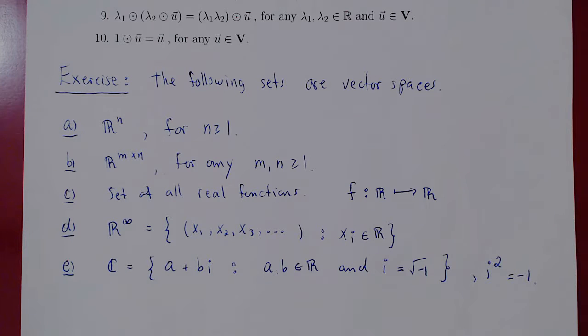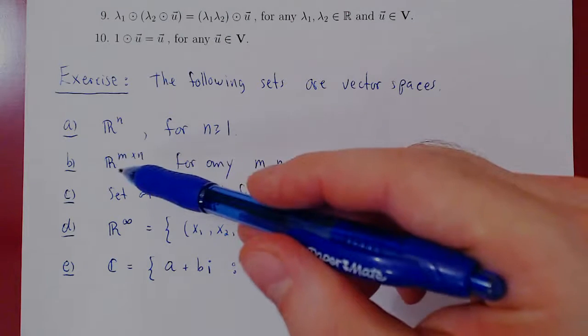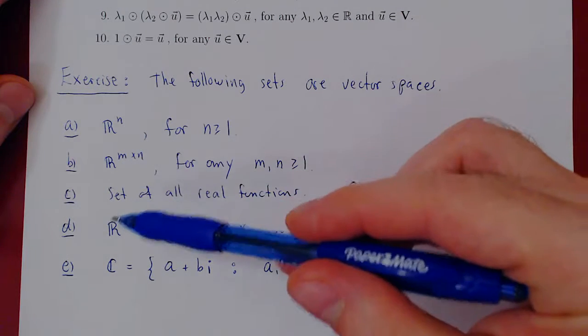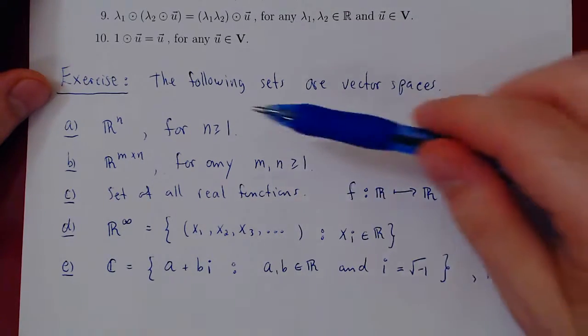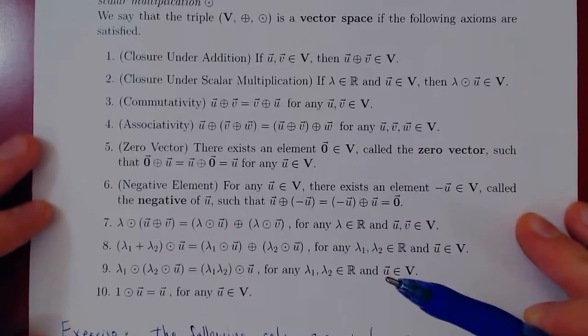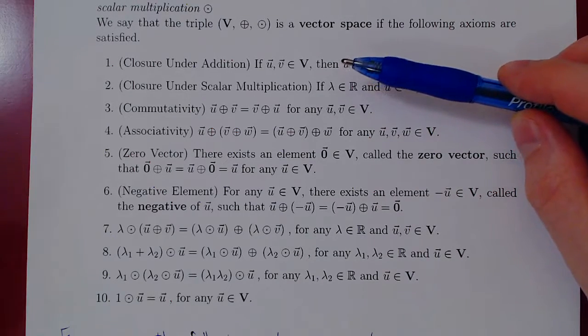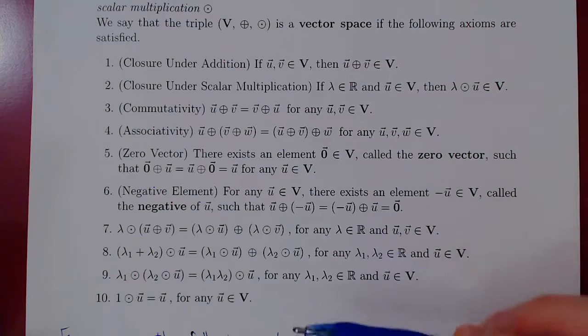Okay, and now the question is, once we have agreed that these are actually vector spaces, can we, for a lot of other sets, avoid having to check these 10 axioms? Knowing that these 5 spaces are vector spaces, can we take advantage of this fact so that when we encounter new sets, we can avoid having to check all 10 axioms and check only a small number of them?